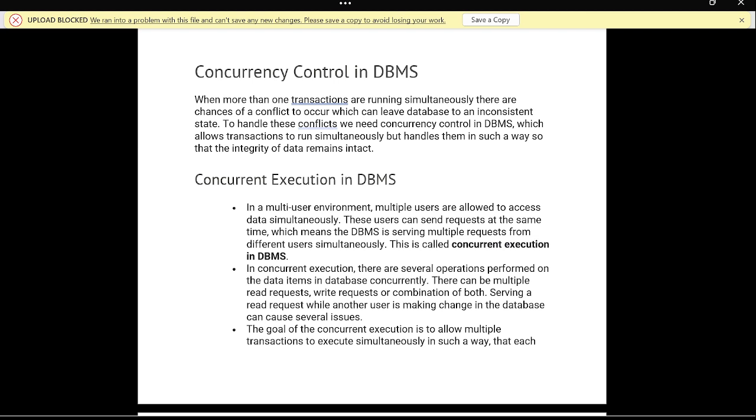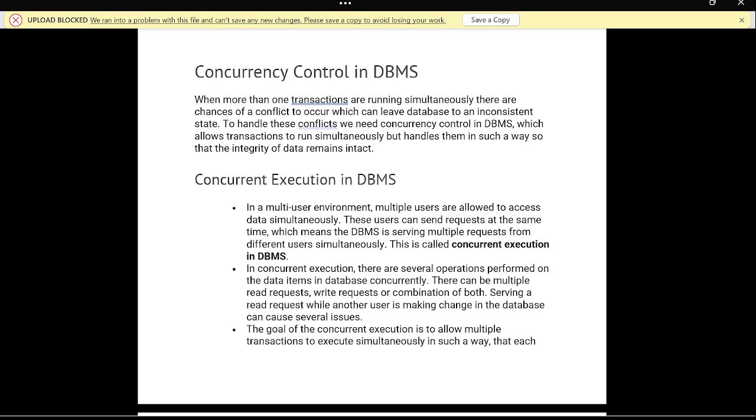So what is our motive? We have to provide concurrency control to our database such that whenever two or more transactions happen at the same time, the database should still remain consistent. There should be no inconsistency of data. These are the goals we have to achieve.